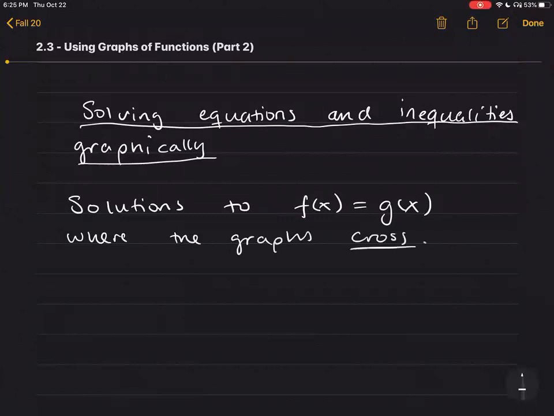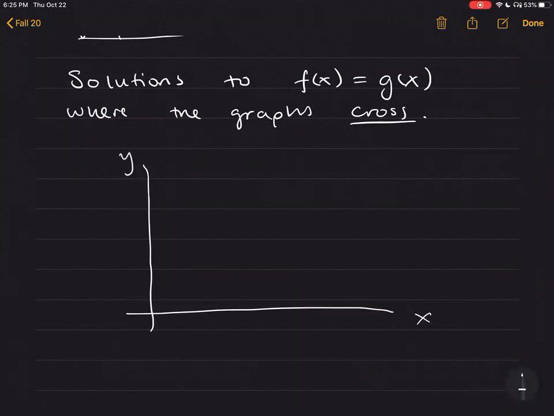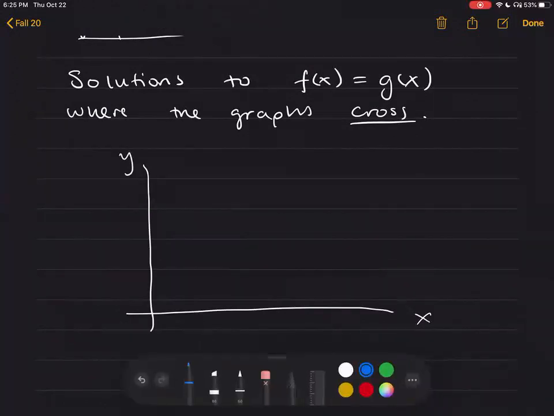So for example, if we have our coordinate plane here, x-axis, y-axis, and we had maybe some function f of x that went like this. This is our f of x, and then we had another function, call it g of x.